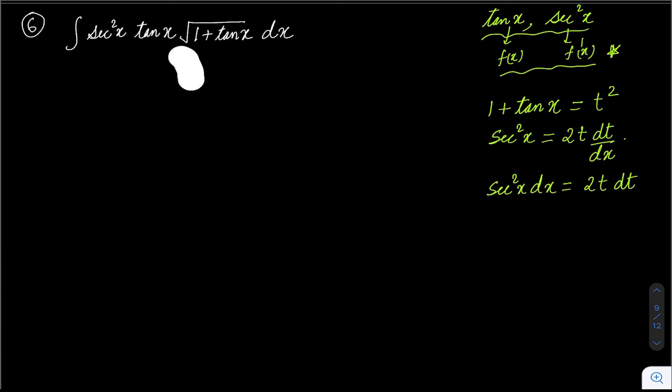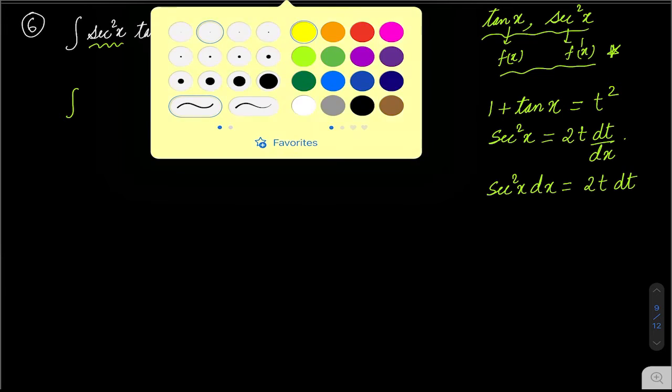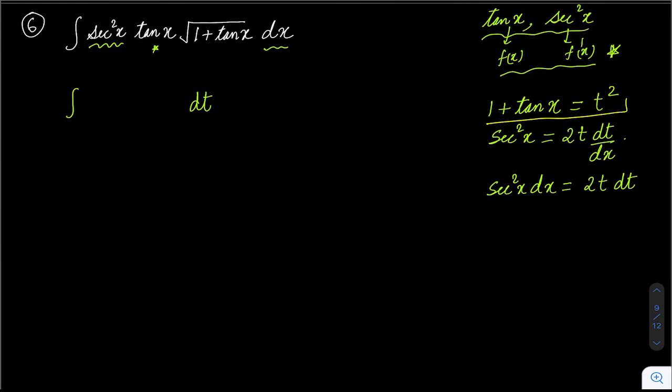Let's see what happens to our integration now. And fingers crossed. So secant square x dx, that is my 2t dt, right? Tan x. What is tan x? From the first substitution, 1 plus tan x equal to t square, I can say my tan x value is t square minus 1.